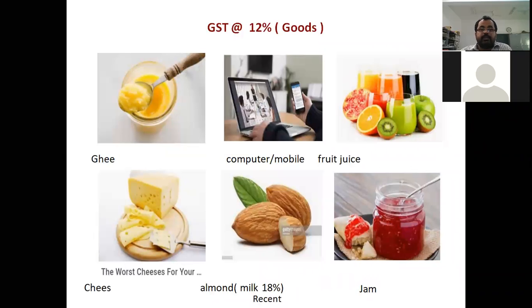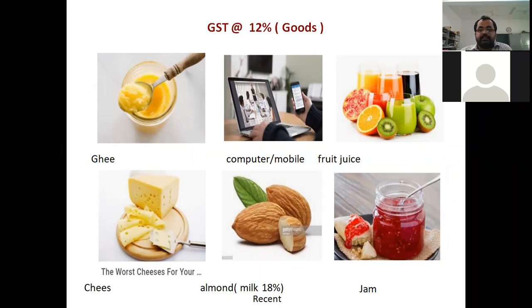Next, GST at 12% in relation to goods. It is ghee, computers, mobiles, fruit juice, cheese, almond (recently it has been moved to 18%), jam.